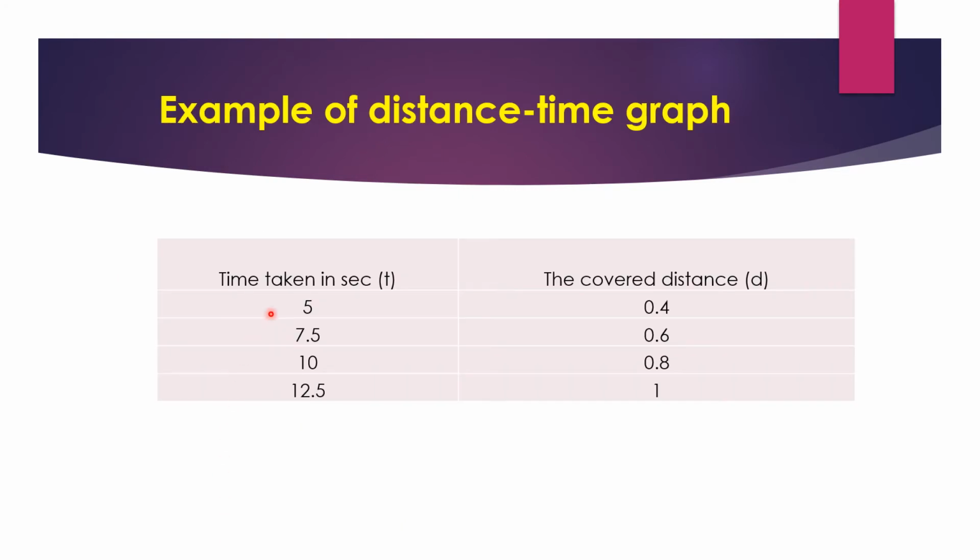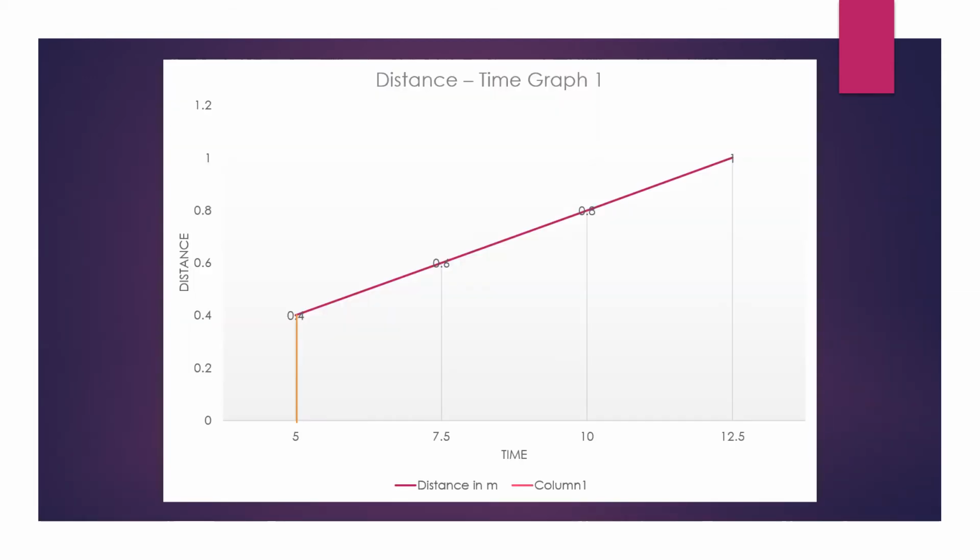Now we will see this example. This table is showing us the distance covered by a certain object during time. This is distance and this is time. And we will see how we are going to use them in a graph. This is the graph. So after 5 seconds, the object covered 0.5 meters.